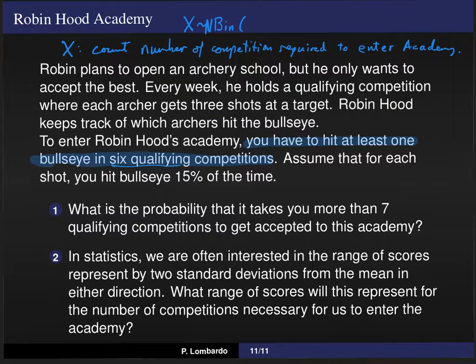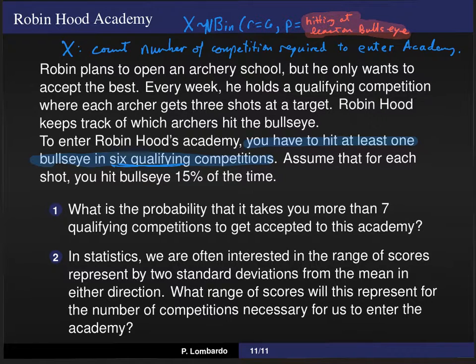We know that it requires 6 qualifying competitions, so our r value here is going to be 6, and then p is going to be the probability of hitting at least 1 bullseye. Okay? And in fact, I'm going to shade that in red because this is the second part that we need to consider.